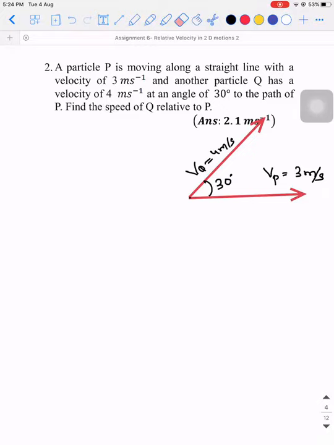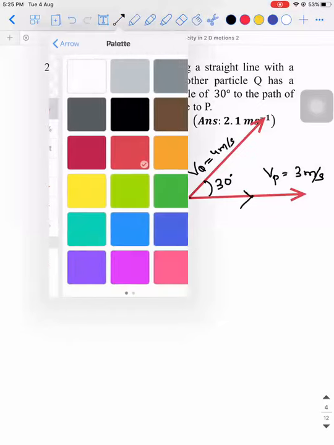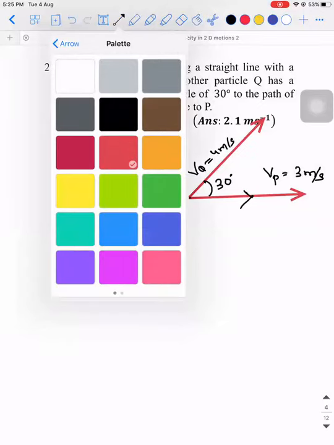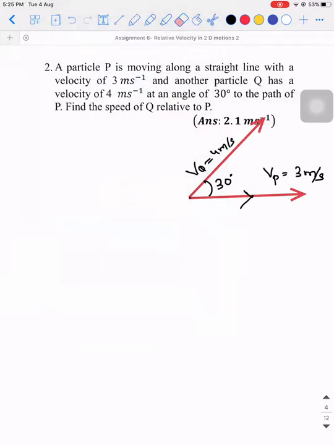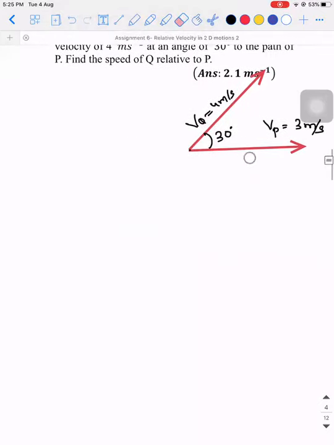So you need to resolve VQ into two components. See the resolving component, I'm using another color, observe. I'm using green. Now concentrate. So this is one component and this is another component of whom?